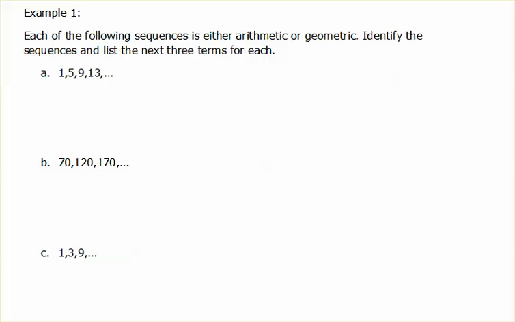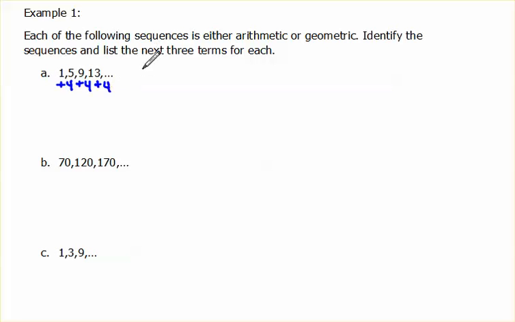Alright, so hopefully you did what I told you to, and you had some time to look and think at these examples. So now let's see if you're right. For part A, we have 1, 5, 9, and 13. It looks to me like each one of these is adding the same amount to get from term to term. It looks like we're adding 4 each time, doesn't it?